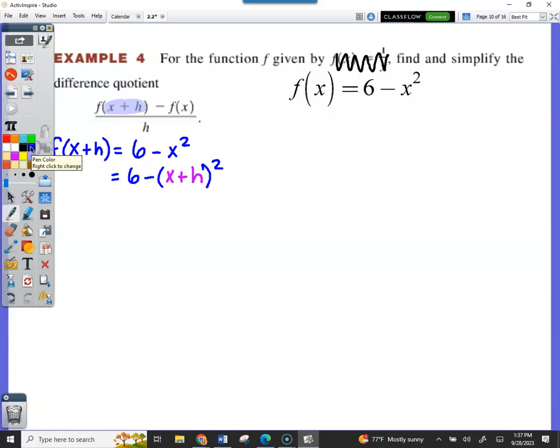So we do have a binomial of just variables being squared here. So this is x plus h times x plus h.